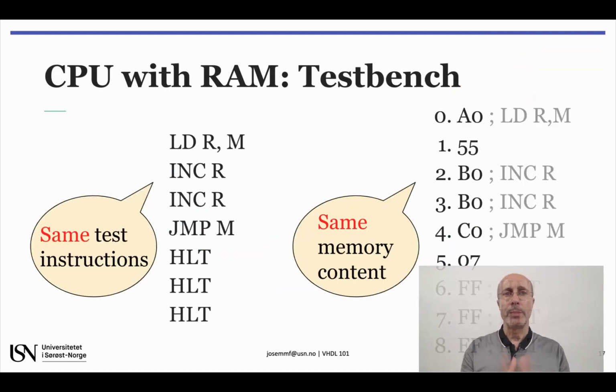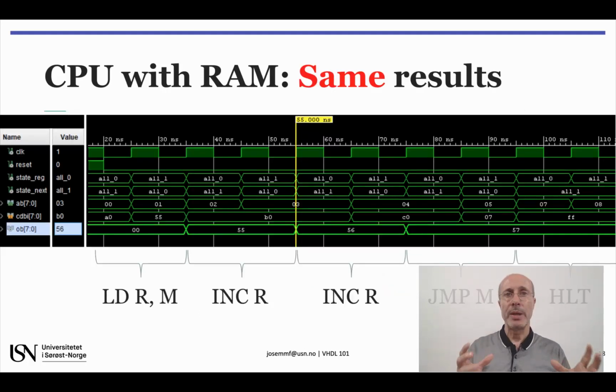Just to make sure that the previous code continues to run as before, I have chosen to redo the simulation with the same test program. This means that the memory content will be the same as shown in this slide. You can see that the simulation yields the same results, and again at 55 nanoseconds the data register is incremented for the first time.